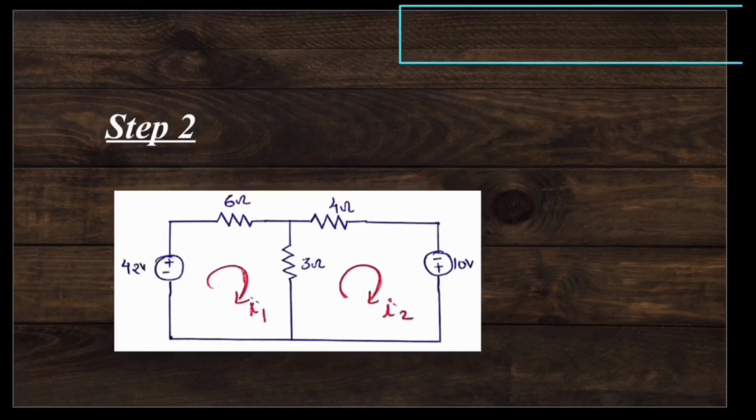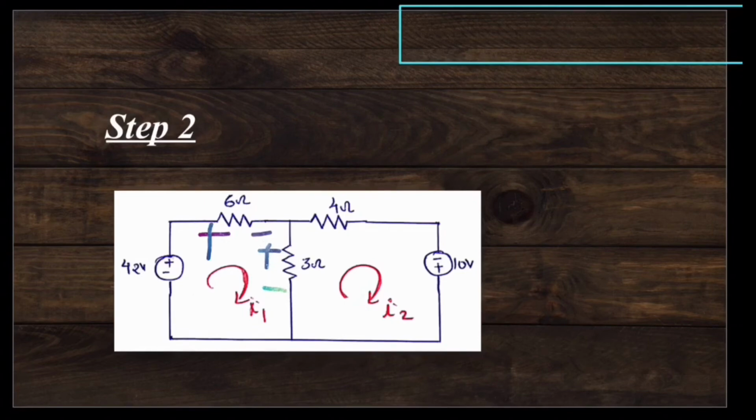When you look at this 6 ohm, you can see current I1 enters 6 ohm at this terminal. So it should be marked as positive and this one as negative. On the other hand, current I1 enters this 3 ohm resistor at this terminal. So we mark it as positive and other terminal as negative.